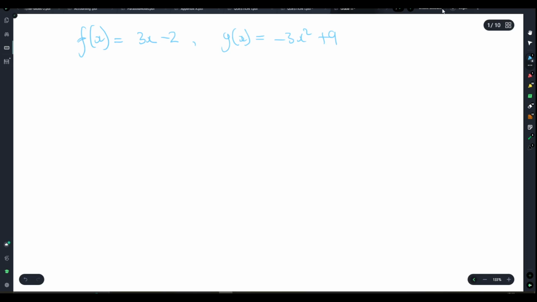Okay, now I was telling you that it's simple. Take whatever is g and substitute here, and take whatever is f and substitute here. So in this case we're going to have something like this. Minus 3x squared plus 9 is the same as 3x minus 2.